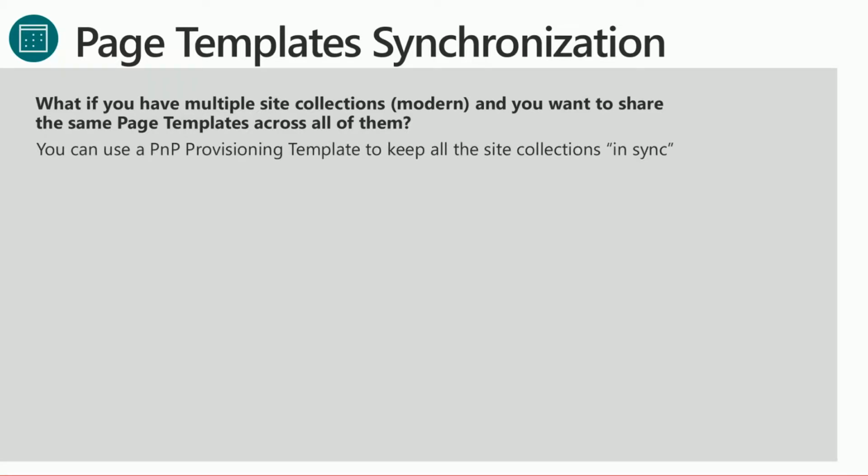Well, one option is to use the PnP provisioning engine and to create a PnP provisioning template which will do the actual provisioning of the page templates across all of your site collections. And what is the suggested architecture for achieving this goal? I say so far on this slide, because right now this is a technique that you can use. Maybe, and that's my hope at least, in the future there will be something out of the box.